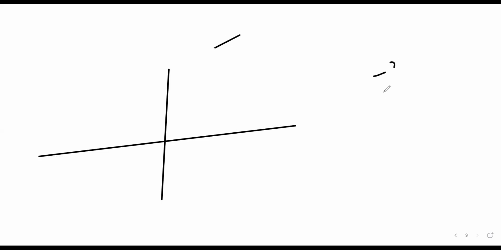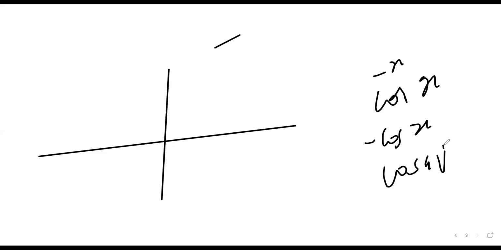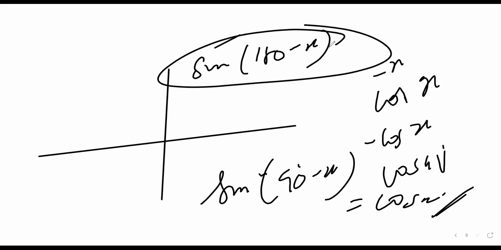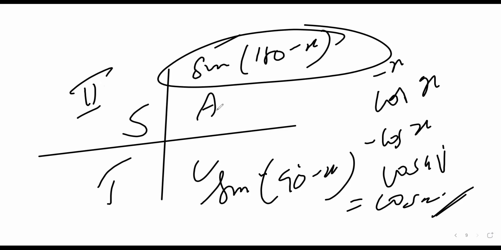The question is sin of 180 minus x. If it is sin 90 minus x, what is it? Complementary angles, cos x. 180 minus x, in the sense which quadrant will it be? It will be in the second quadrant where sine is positive. All Silver Tea Cups. Correct?